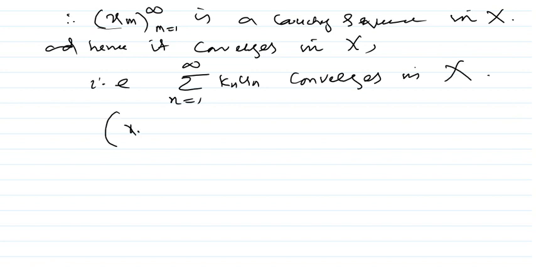Because xm is actually this, a sequence of partial sums, where n runs from 1 to m. So this will converge. That means this converges in X. So this is the second part.